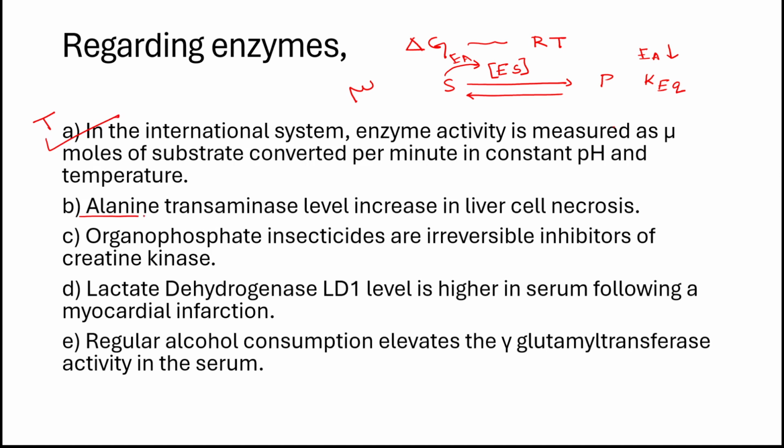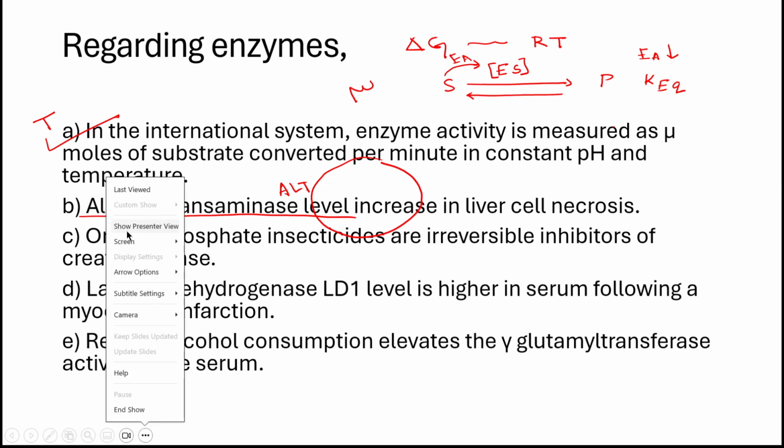The second involves a little bit of understanding about diseases as well as diagnosis. So alanine transaminase levels. What does this mean? Alanine transaminase, ALT, is an enzyme which you would see in the cytoplasm of cells. What does it do?